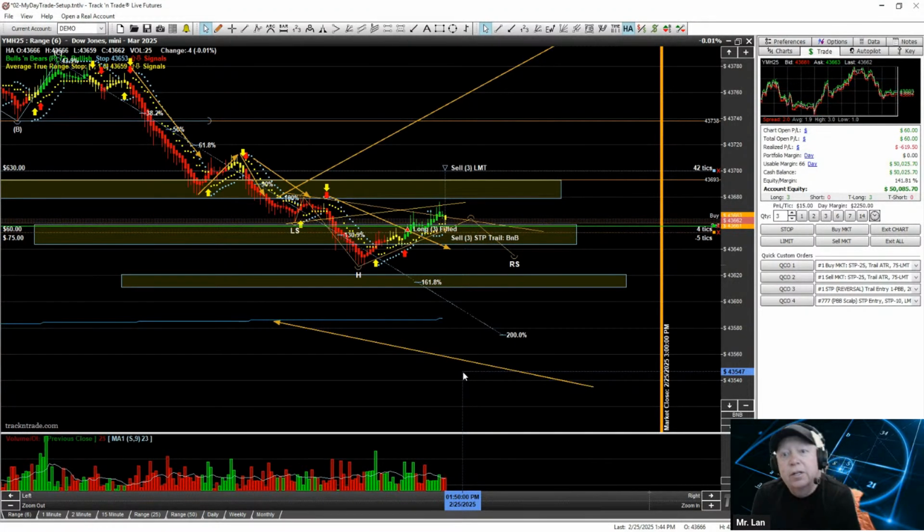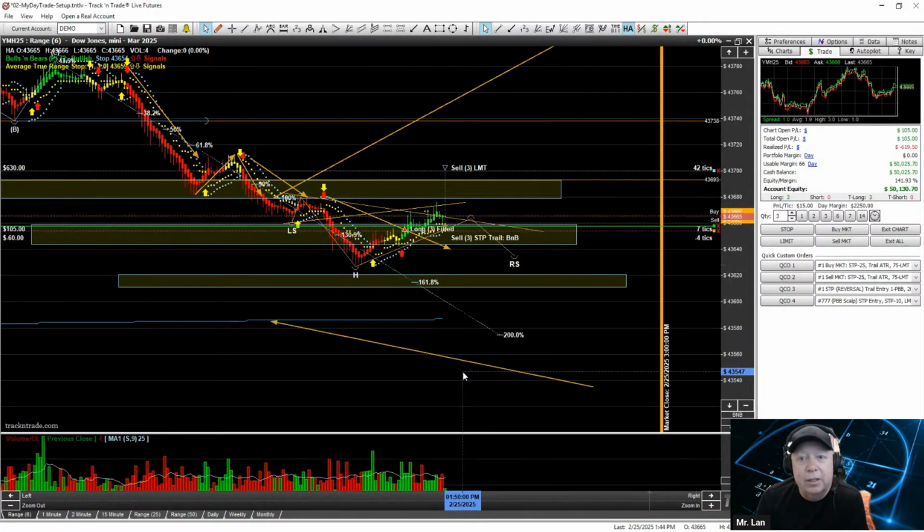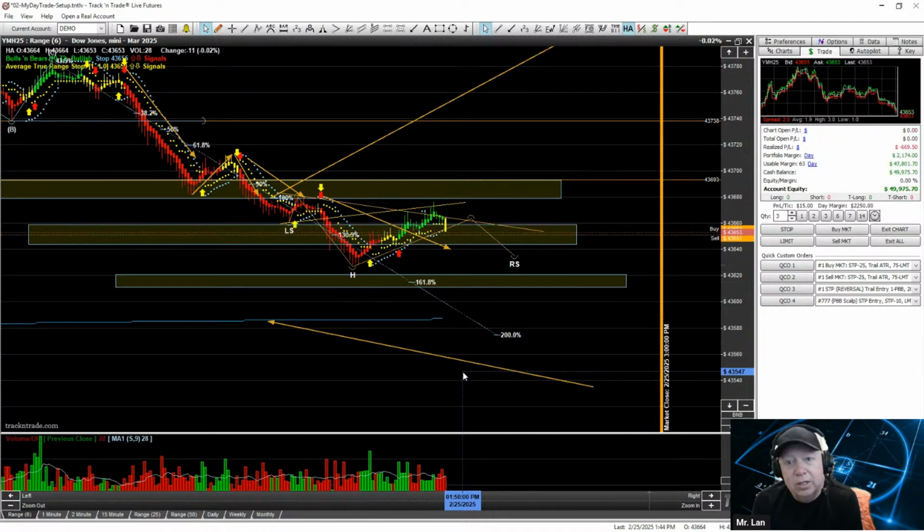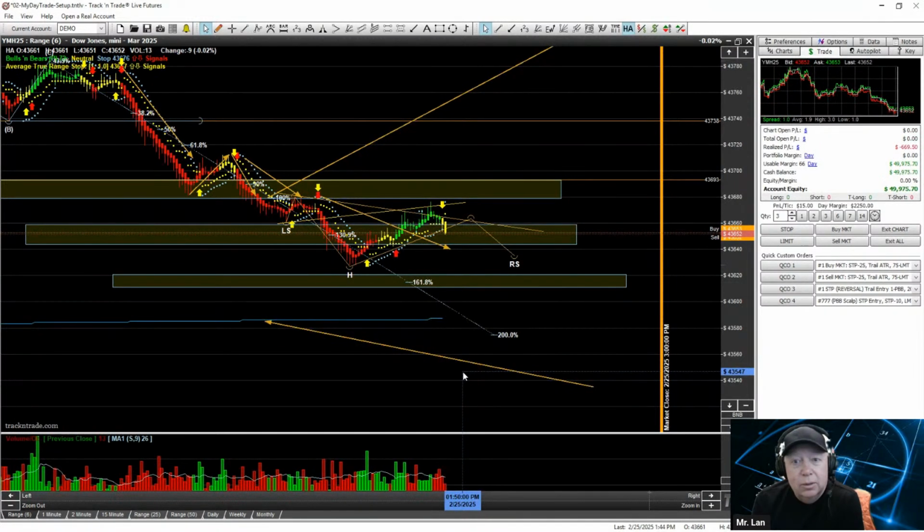How bad is it going to flush on this pullback? We might get that little right shoulder in there, knock us out. Might not be a bad day for the minesweeper. Oh, it's going to come back and stop us out with a loss. Well, that sucked. All right.